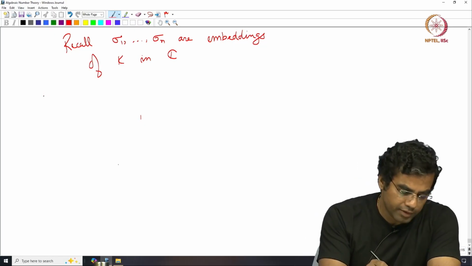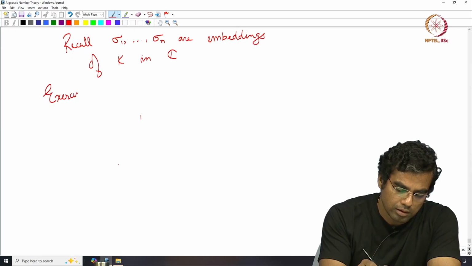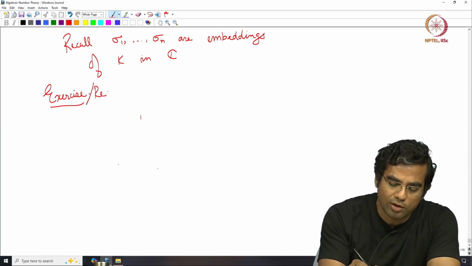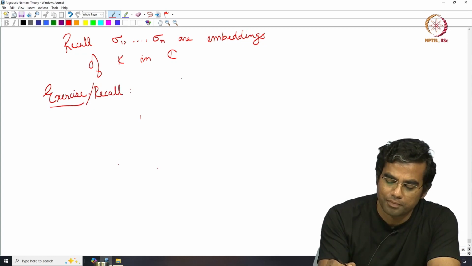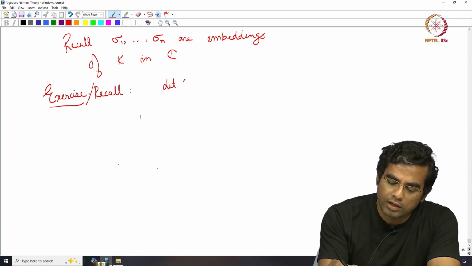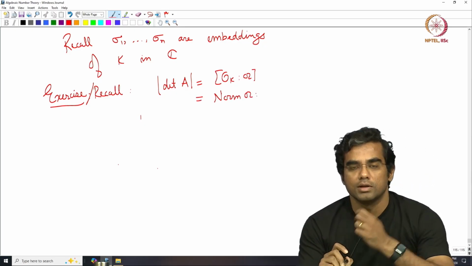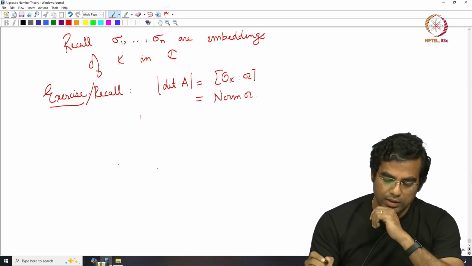So, here is a piece of exercise. This is more or less recall from what we had before, that if you take the determinant of A, then this is equal to this thing. So, this is the norm of A. That is what the determinant of A is.